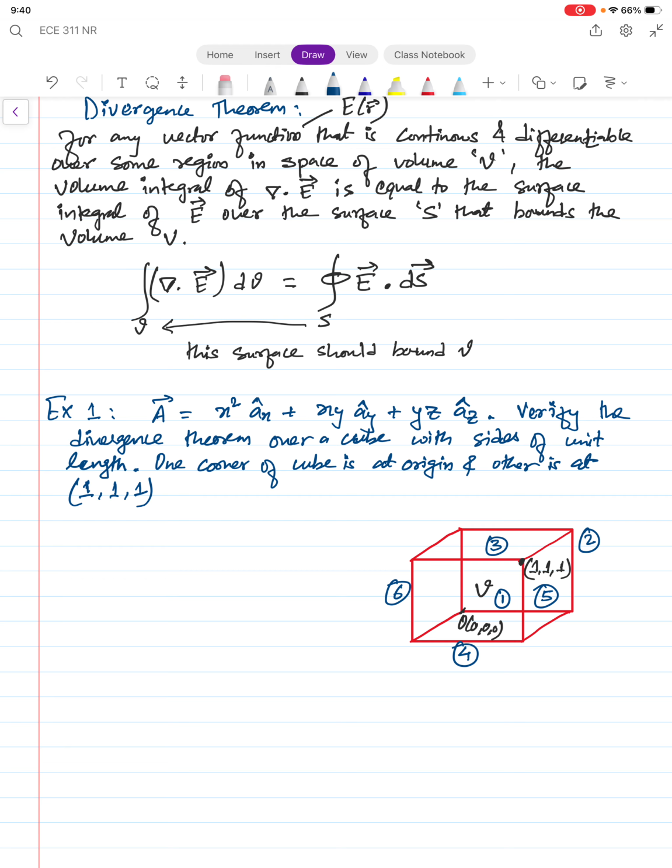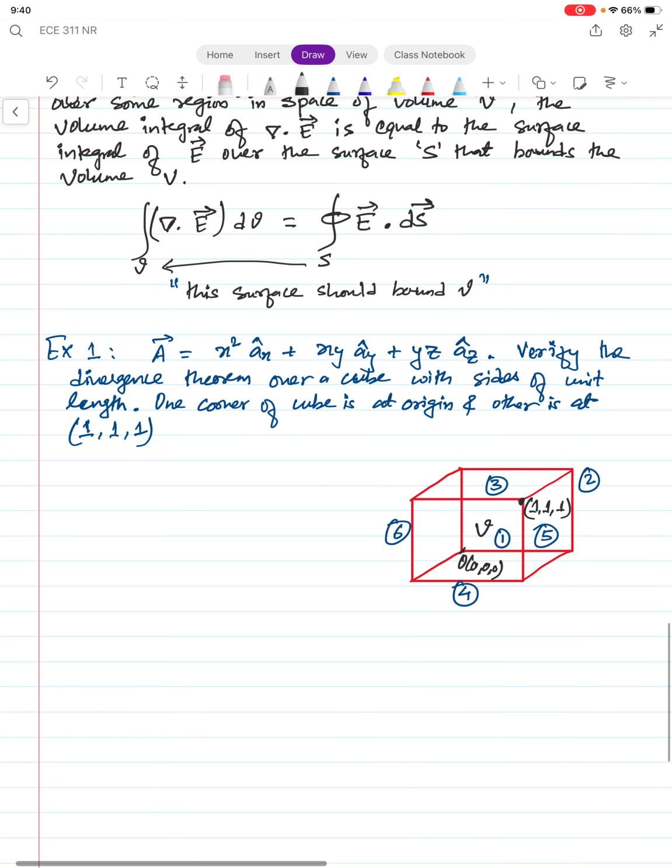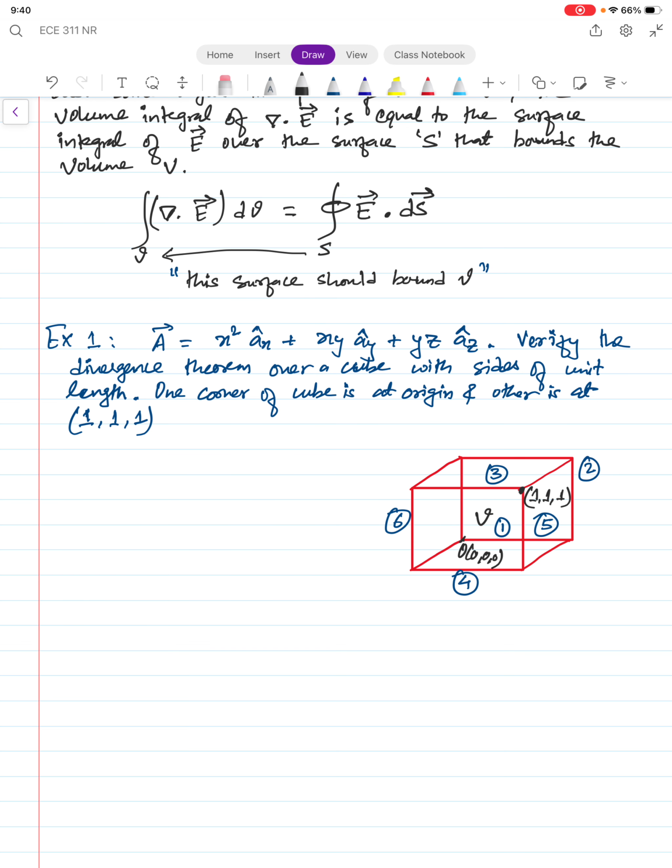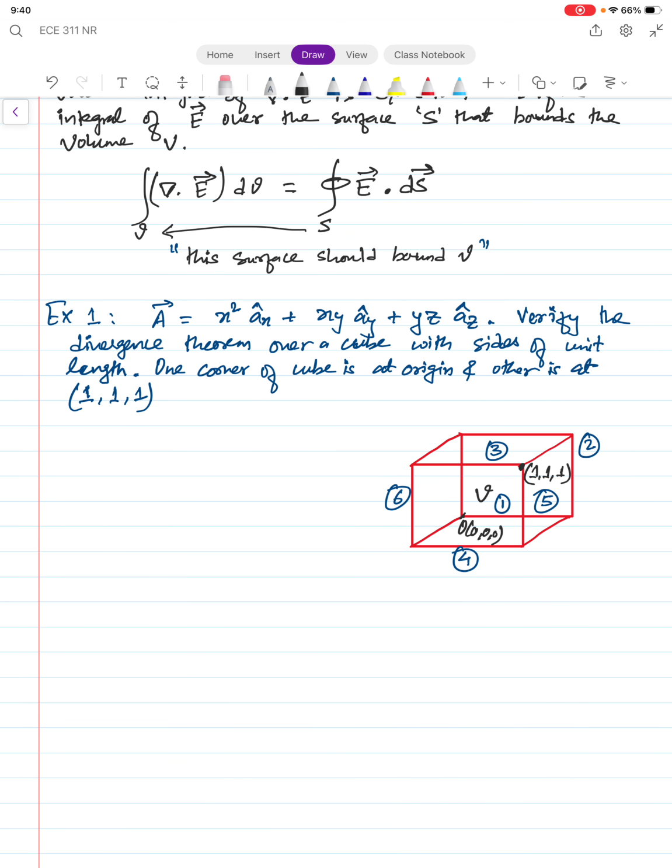Okay, that is what we mean when I write over here that the surface should bound the volume V. I hope that helps. And now I'll let you work on this problem, and you can calculate.